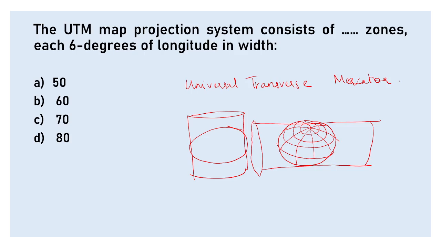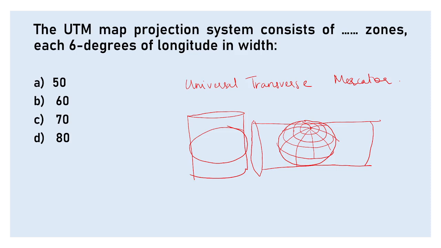So what it does is it divides the Earth's surface into 60 time zones. Like we know this time difference, right? From the GMT, Greenwich Mean Time, our Indian time is 5.5 hours ahead. In this case, it divides the Earth into 60 zones of 6 degrees by separating the northern and southern hemispheres.